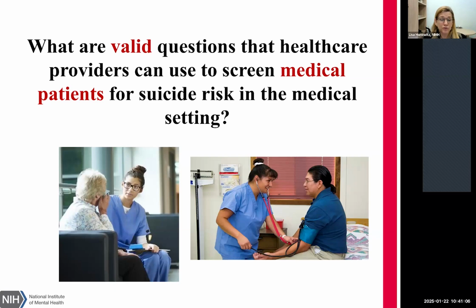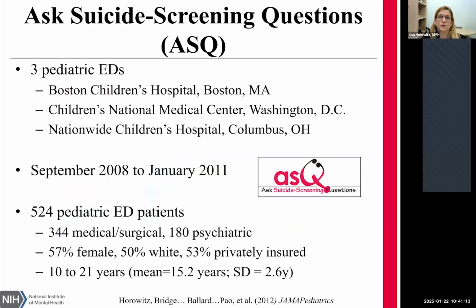So we wanted to, through research, create the questions that would be effective and efficient. And so we launched this study. I'm not going to go into the details of the study for time's sake, but the ASQ started in a pediatric emergency department in Boston, in Washington, D.C., and in Columbus, Ohio.